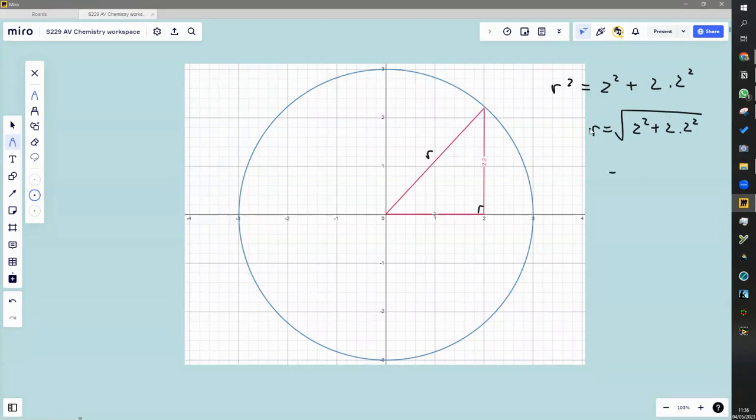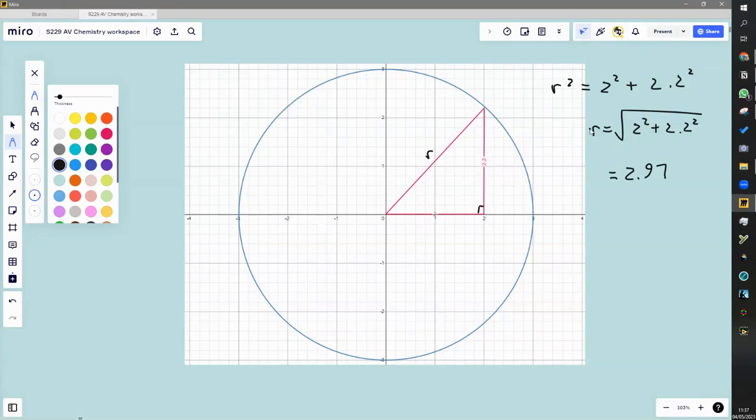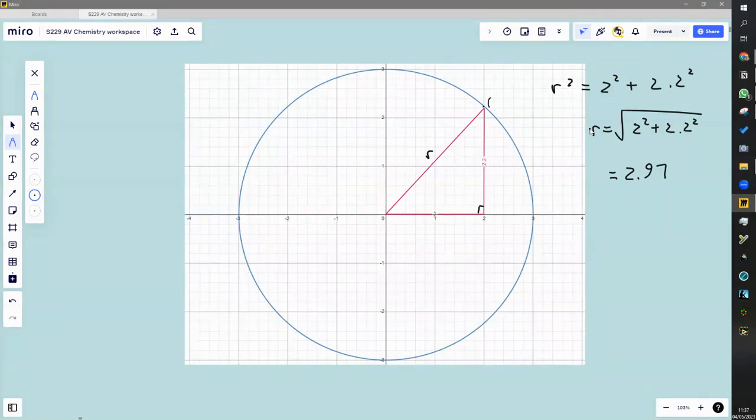You can pause the video and see if you can work out what that is. You should have found that, rounding to two decimal places, you end up with 2.97, which is close to 3. But also what I want you to notice is that this 2 here is nothing more than the x coordinate of this point. So the coordinates of this point on the circle are just 2 and 2.2.